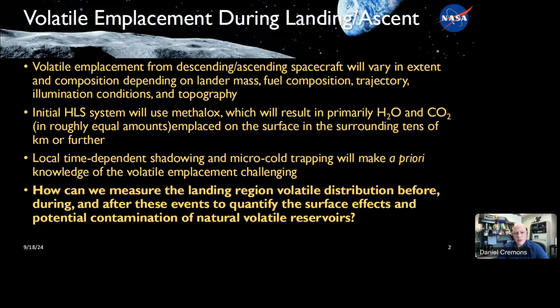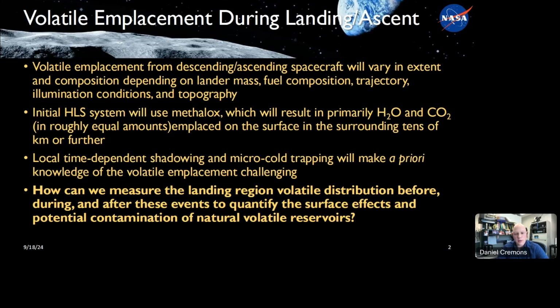Just based on the physics, the local time-dependent shadowing and things like micro cold trapping are going to have a huge effect on where volatiles are placed on the surface and where they stick around on the short time scale. Here we're talking about hours to days. What can we learn in those time periods about volatile distributions, both before the landing occurs and immediately after those events?